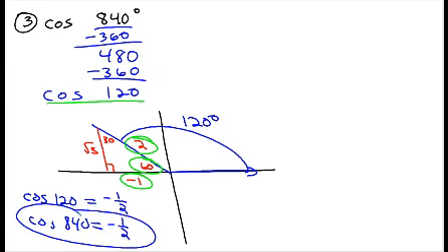All right. Now, just a word about negative angles, and then we'll be done. If you're given a problem with a negative angle, it does not change the process at all.